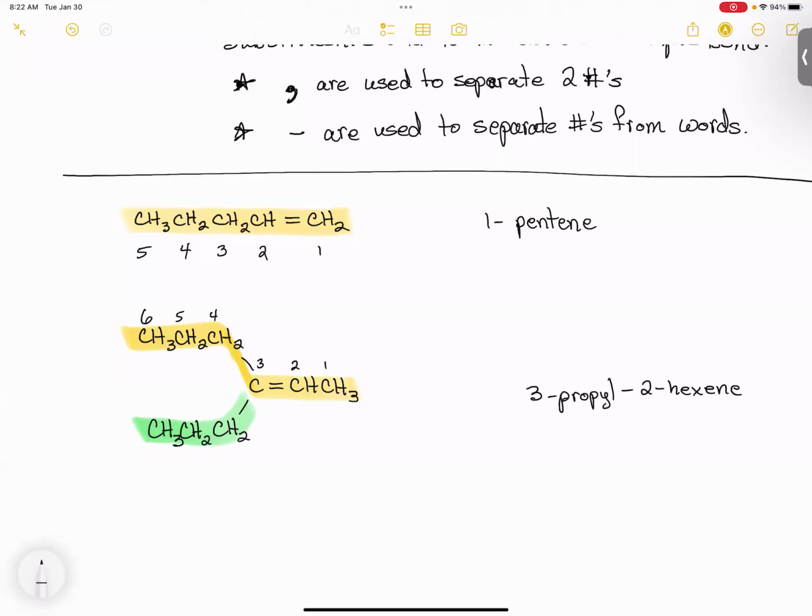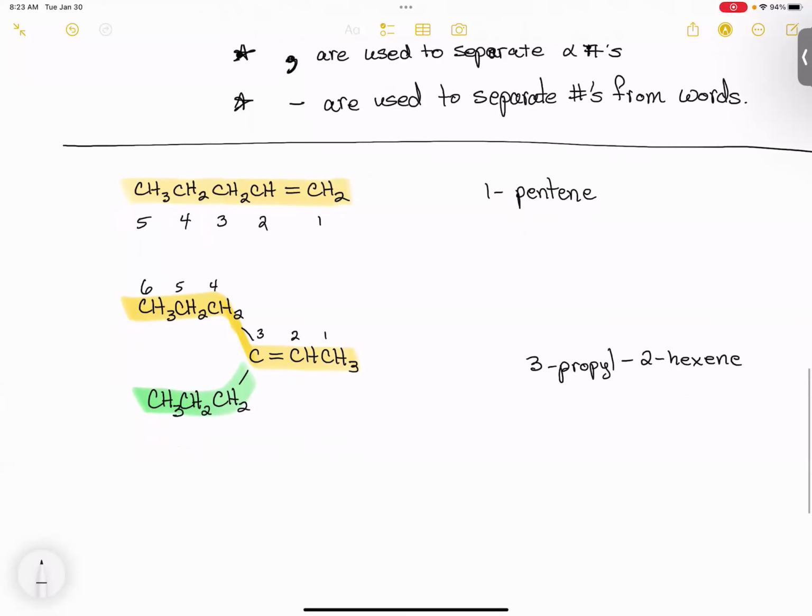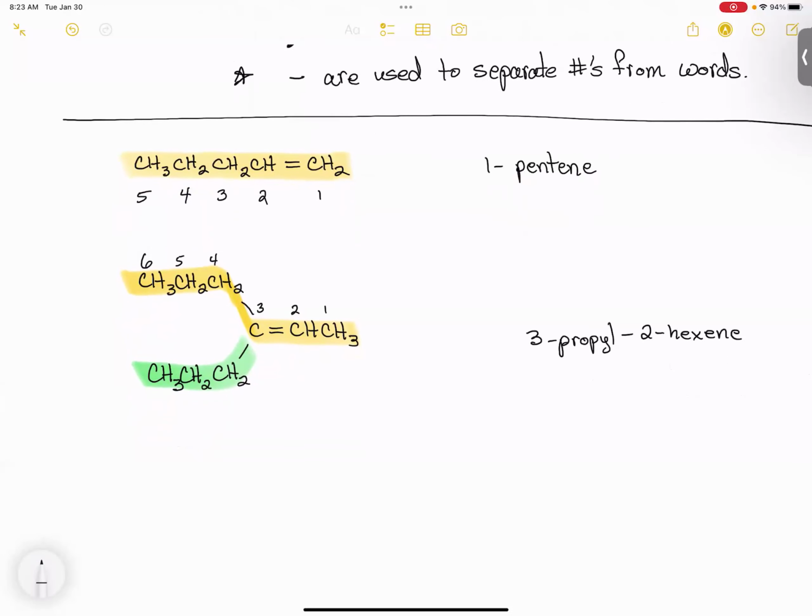How did I know that this was the propyl group? If you go back to the table, or figure 12.3, the propyl group is CH3, CH2, CH2, and that's where it connects to the main chain.